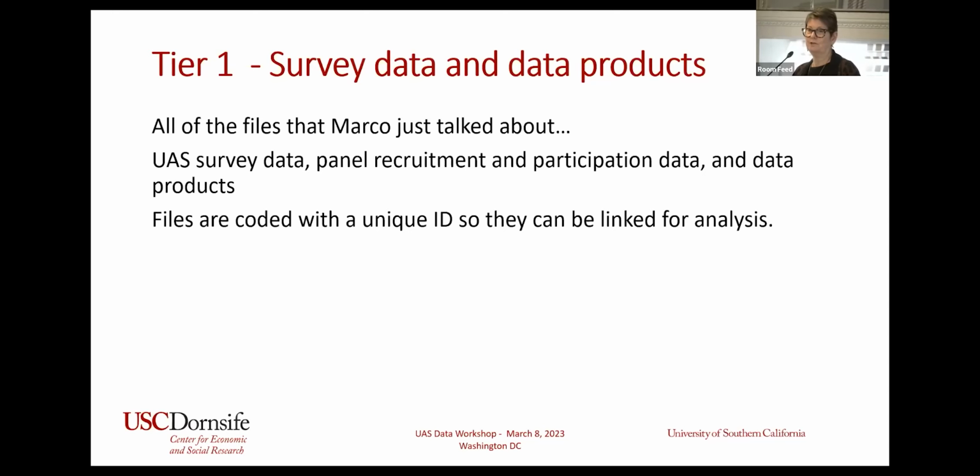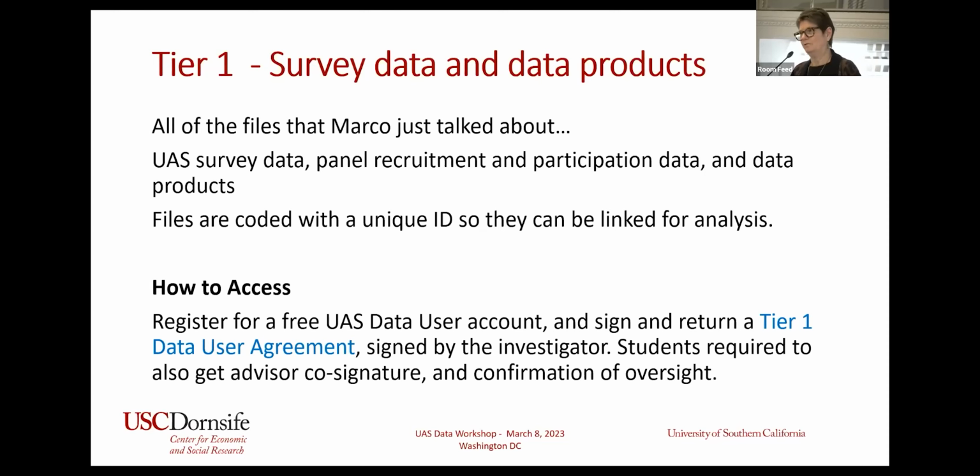And also participation, how people were invited and how they responded to that data. And of course, the files are coded with a unique ID so they can be linked for analysis.